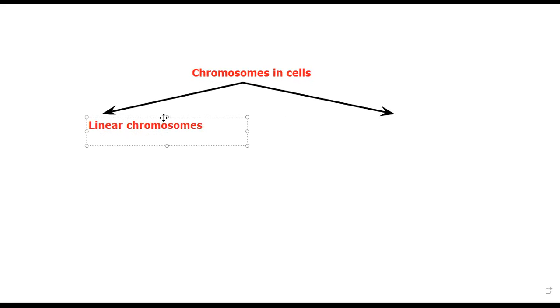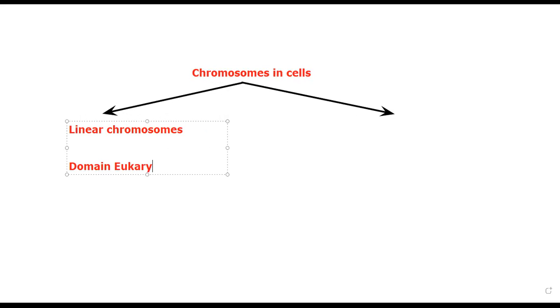So linear chromosomes belong to domain Eukarya. Clear? Yes, sir. In the same domain Eukarya, there are circular DNA inside mitochondria and chloroplast. Will you consider that part as a chromosome?